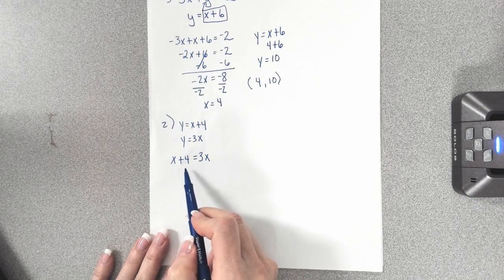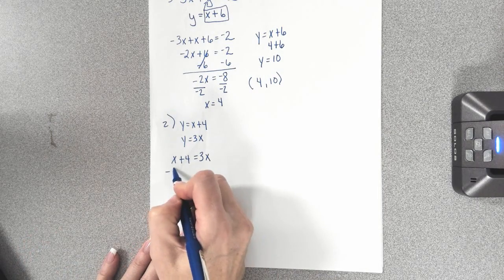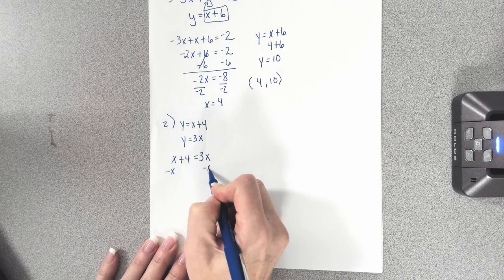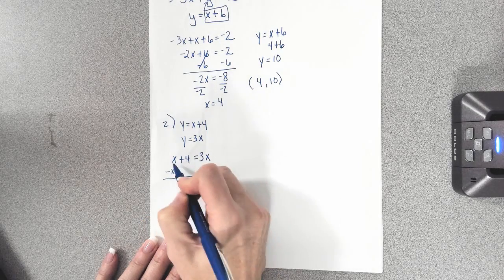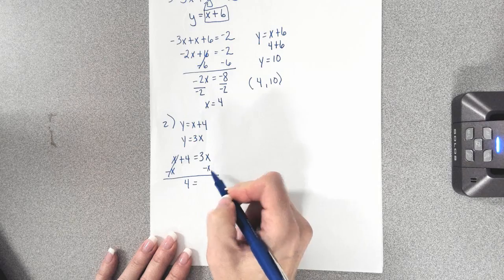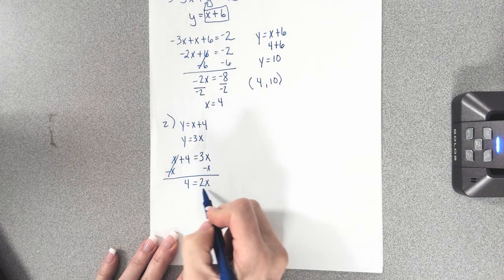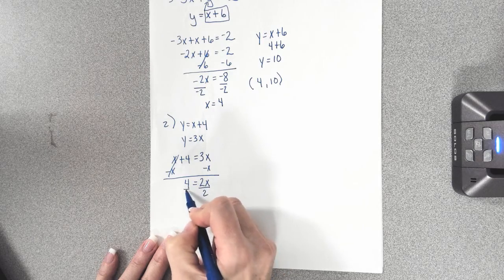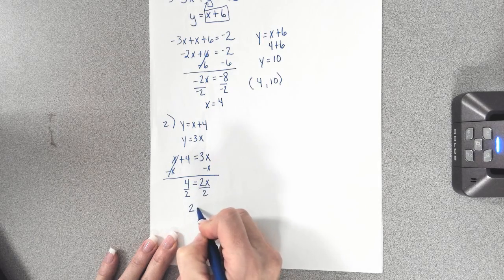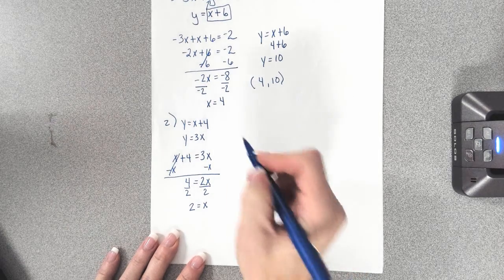This is the only constant, the only normal number that I have, so I'm going to leave it. I'm going to move my x. So I have 4 equals 3x minus x is 2x. Divide by 2. So 2 equals x. Halfway there.